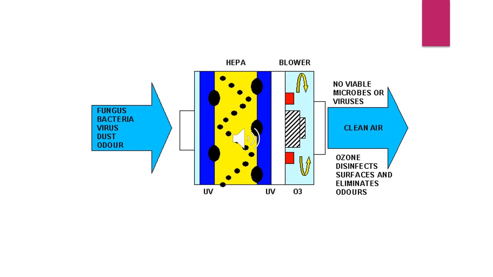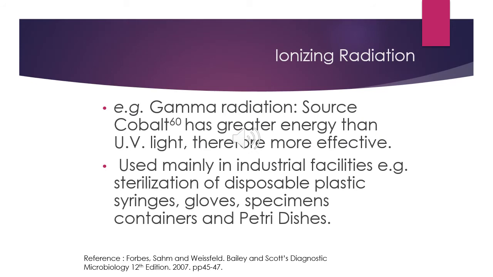Another physical means of sterilization is the use of ionizing radiation, by the use of gamma radiation. Usually, it's cobalt. The gamma radiation that is used is cobalt. It has greater energy than your UV light.